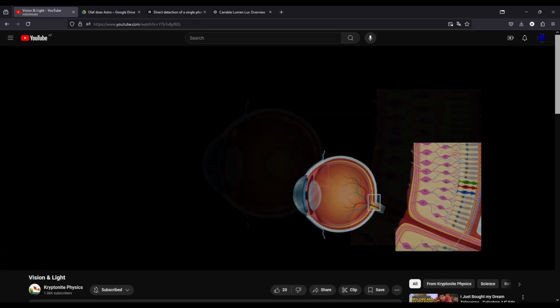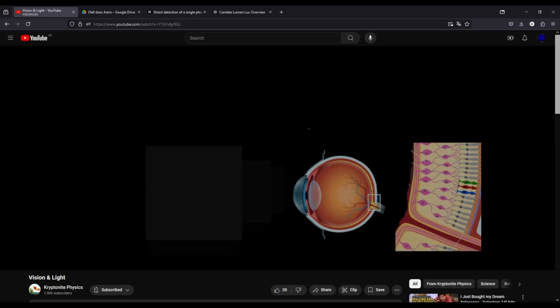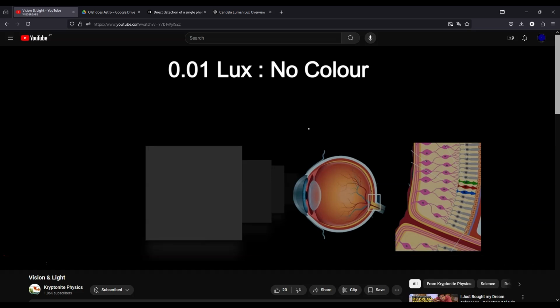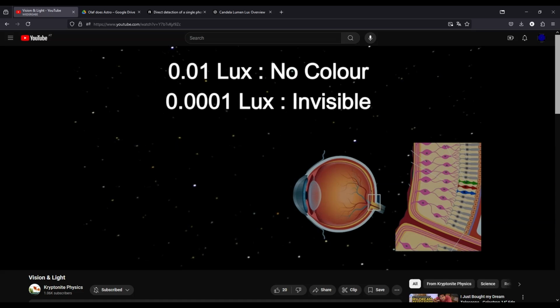3 key points to remember. 1. If the light from an object or light source falls below 0.01 lux, you will not see its color. That is incorrect. 2. On a dark moonless night, an object or light source will not be directly visible if the light hitting your eyes falls below 0.0001 lux.